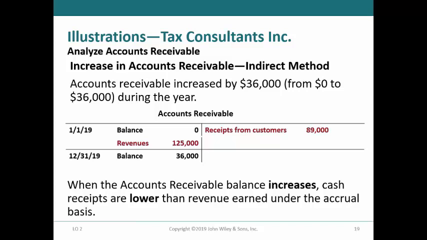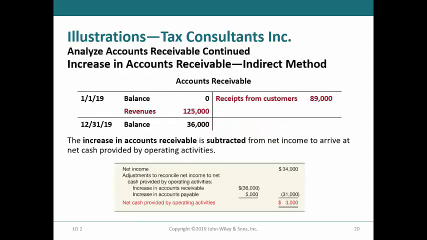As this slide illustrates, during the year we debited accounts receivable for the $125,000 in revenue, but we have only been paid for $89,000 so far. This means that the $36,000 of accounts receivable at the end of the year will need to be subtracted from net income to determine net cash flows from operating activities.